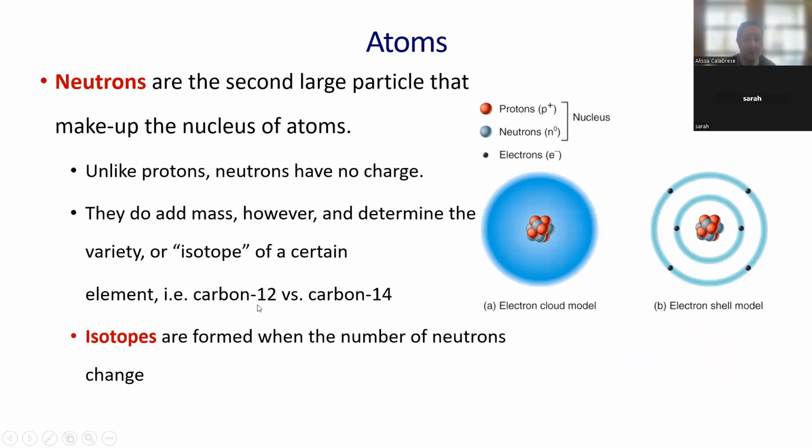That gives us carbon 12. But it's also possible to have a carbon with 6 protons and 8 neutrons. That gives us carbon 14, which is an isotope. So it's the same element, but a different number of neutrons. That's what an isotope is. Same element, just a different number of neutrons. So it's basically like a heavier version of regular carbon.